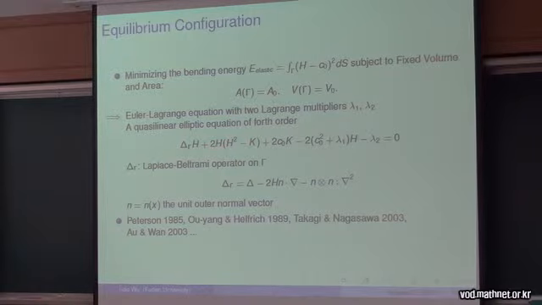Then it's basically a fourth order quasi-linear elliptic equation with two Lagrange multipliers. And here, Laplace gamma is basically the Laplace-Beltrami operator on the surface. And this equation is highly nonlinear, and it's very difficult to solve. And only some special solutions have been constructed in the literature by several authors.